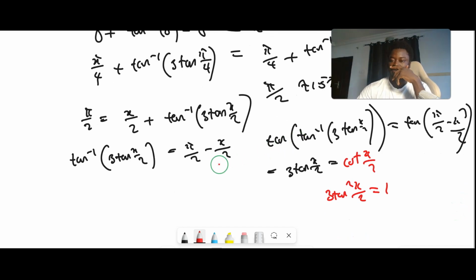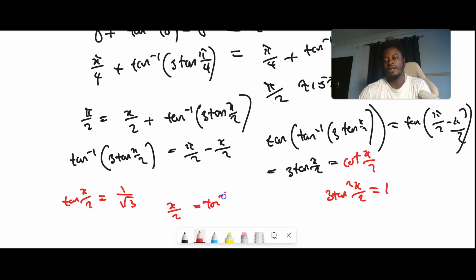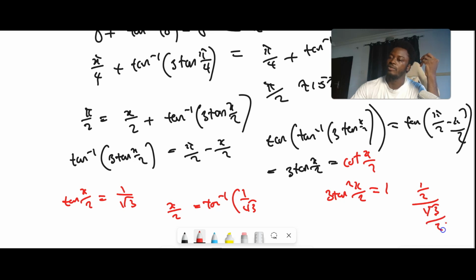Yes, so therefore that means tan of x over 2 would be 1 over square root 3. So x over 2 would be tan inverse of 1 over square root of 3, which is pi over 6.